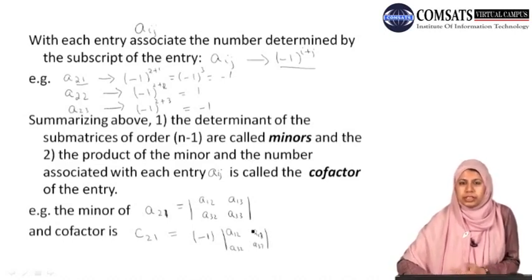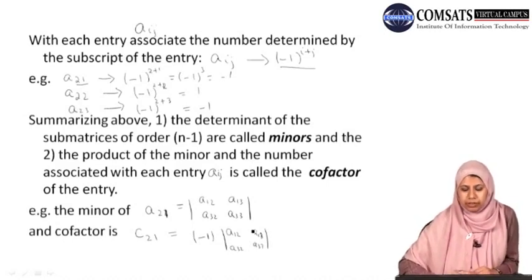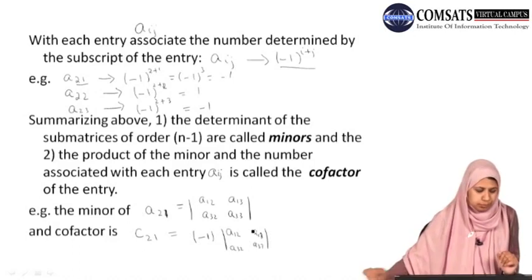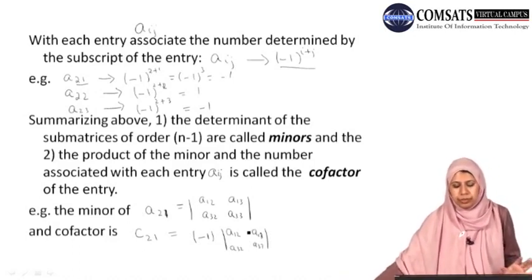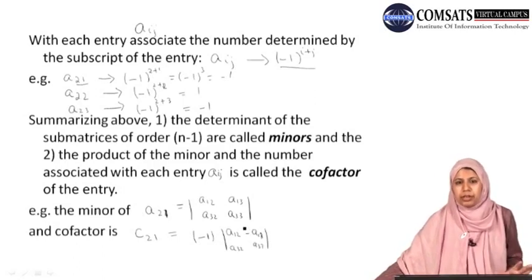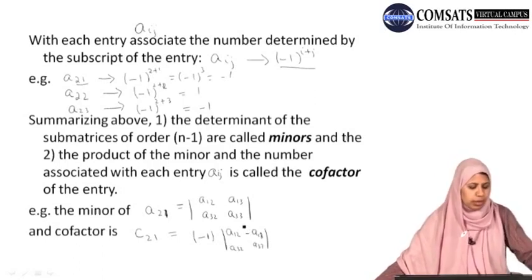And using these two things, we have defined the cofactor with respect to that particular entry, which is nothing but the product of the number associated with it and the determinant of the submatrix, that is the minor. Now using these things, we will calculate the determinant of a matrix of order 3 by 3.